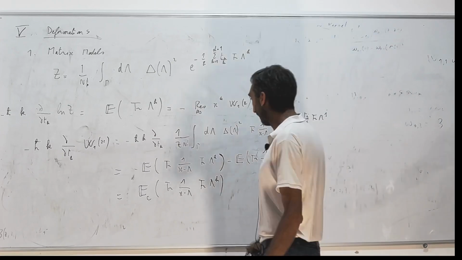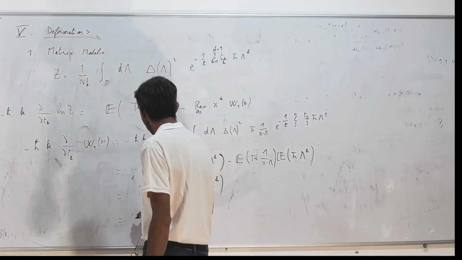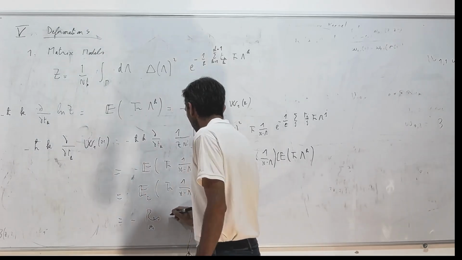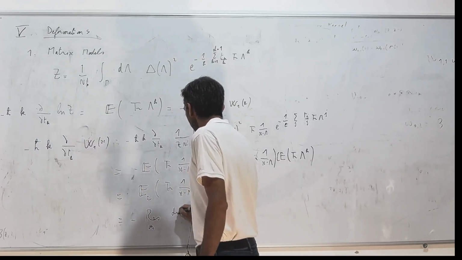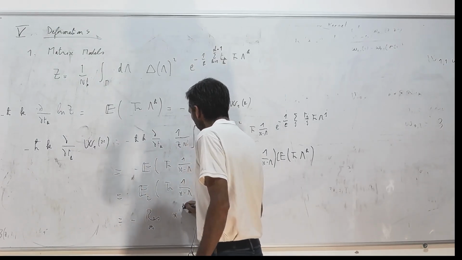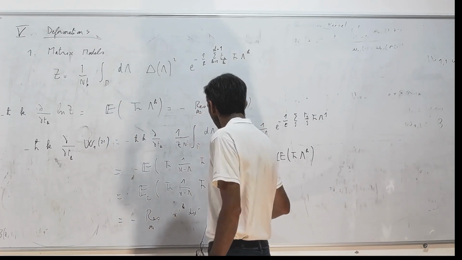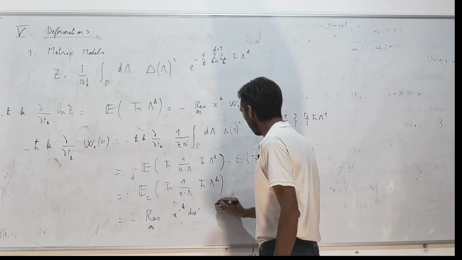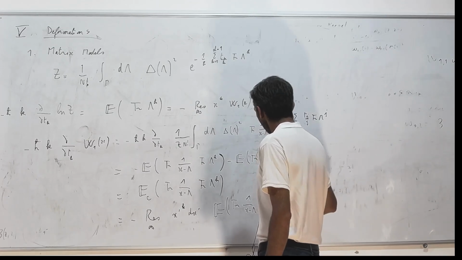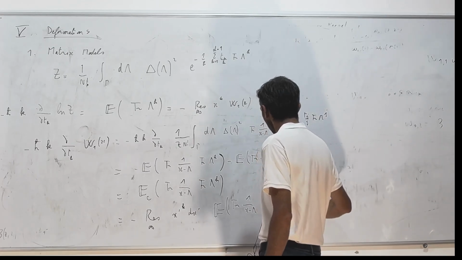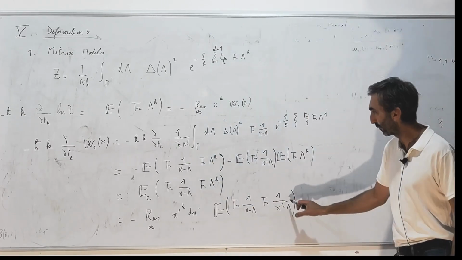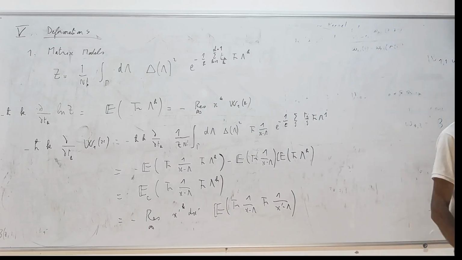And again, this is minus the residue at infinity of x prime to the power k dx prime times the expectation value of trace of 1 over x minus lambda, trace of 1 over x prime minus lambda, because taking this residue in the variable x prime will precisely extract the trace of lambda k.